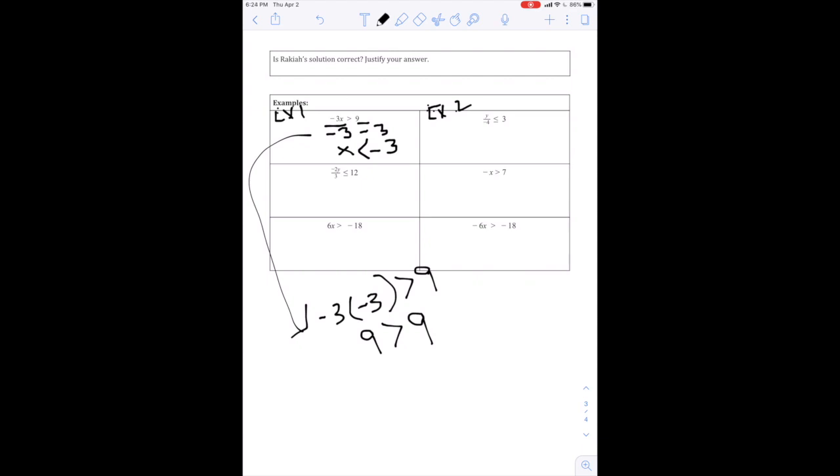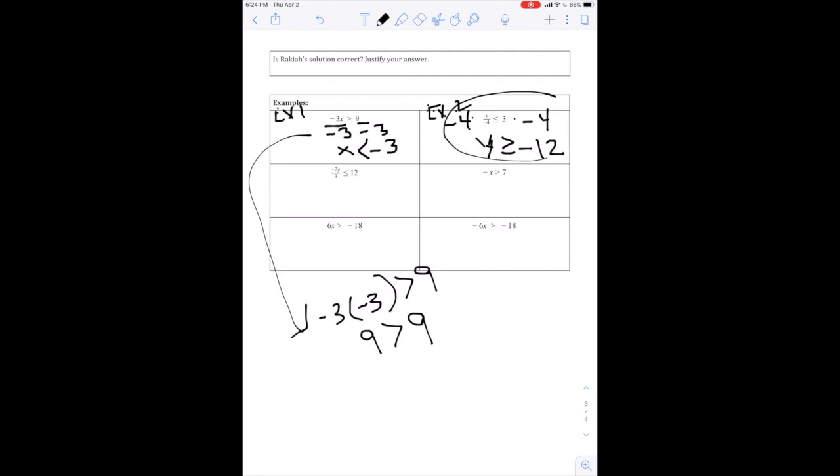The second problem says y divided by negative 4 is less than or equal to 3. So if I multiply both sides by negative 4, then I end up with y on this side, negative 12 on this side, but I've got to switch my sign so that y is now greater than or equal to negative 12.